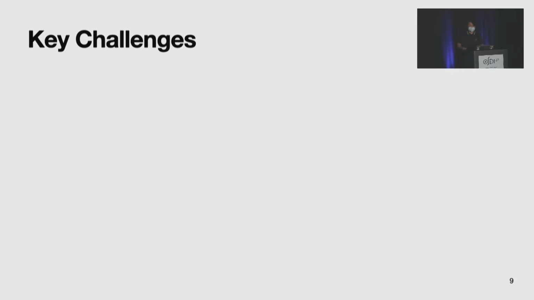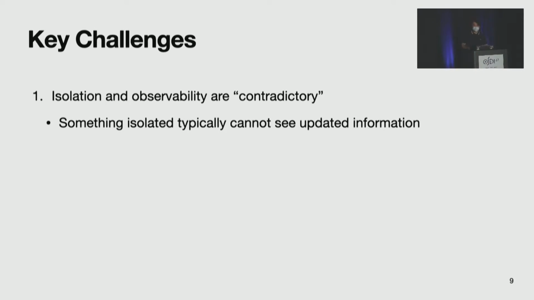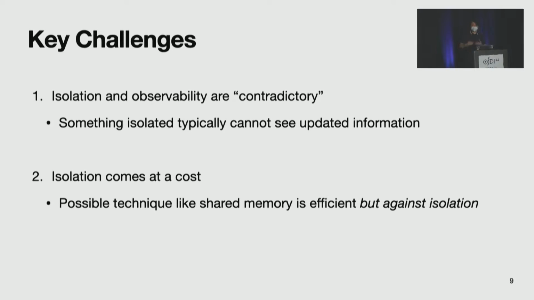There are two challenges in designing Orbit. First, isolation and observability are contradictory because when something is isolated, it typically cannot see the updated information. Second, isolation is well known to be costly. Traditional fork is slow for modern applications that have large memory demands, and optimizations such as shared memory will break isolation.